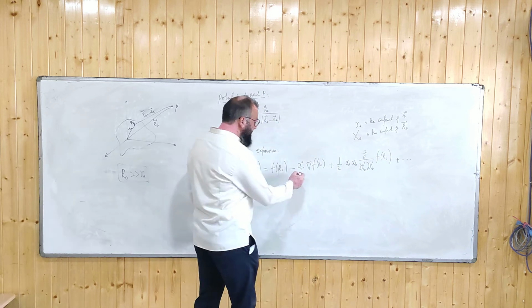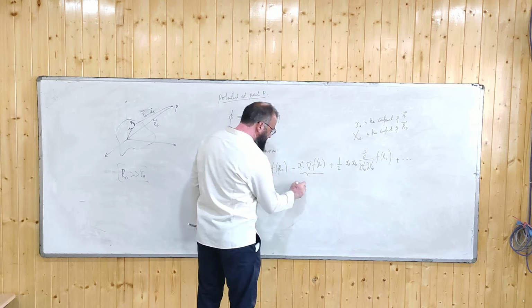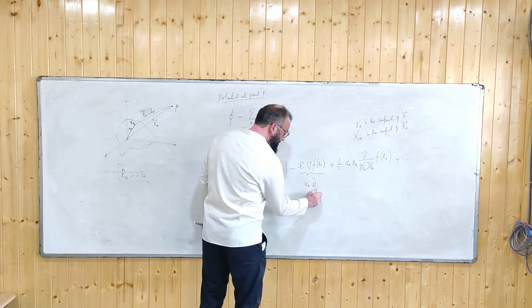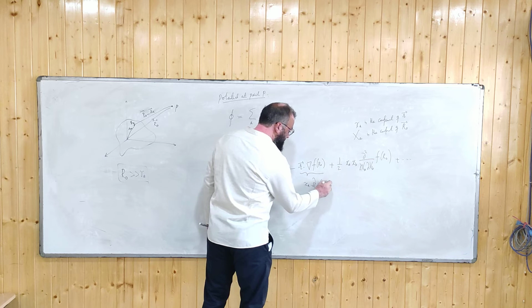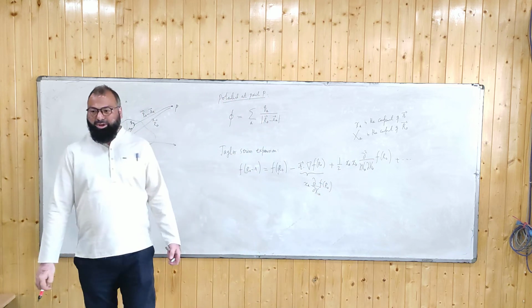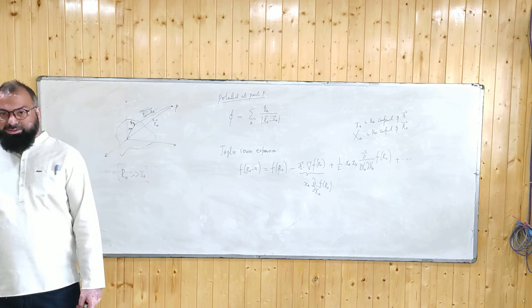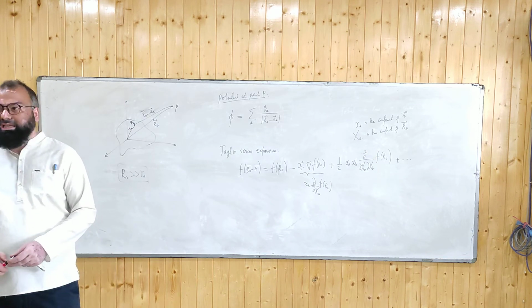You can equally write this as x_a partial by partial capital X_A acting on f of R. This is simply the Taylor series expansion where summation over the repeated index is implied. Clear? There is a summation convention implied on A and B.